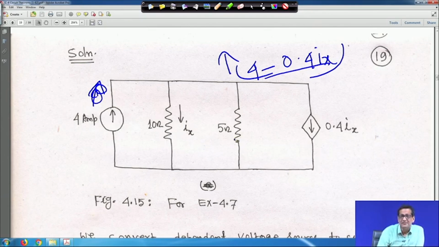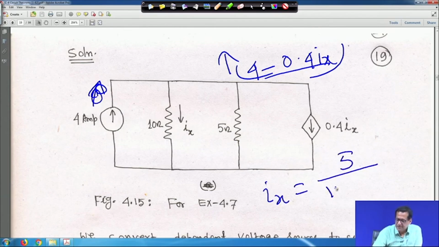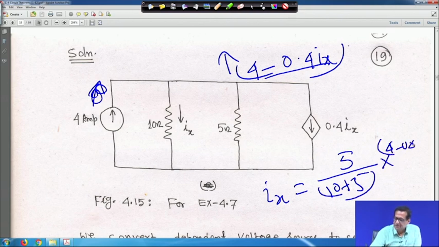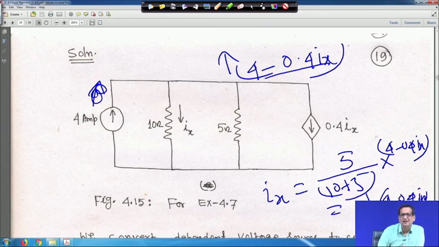Therefore, by the current division method, Ix is equal to 5 divided by 10 plus 5, into 4 minus 0.4 Ix, right. Basically it is 1/3, because 5 by 15, then 4 minus 0.4 Ix. After that you solve for Ix. From your intuition you have to make out how to solve this circuit.